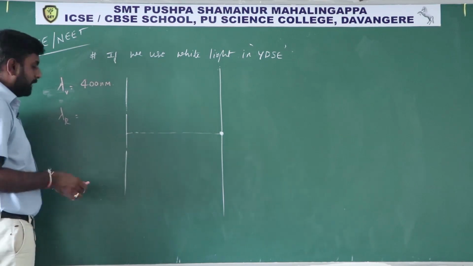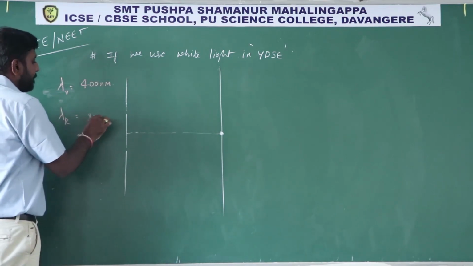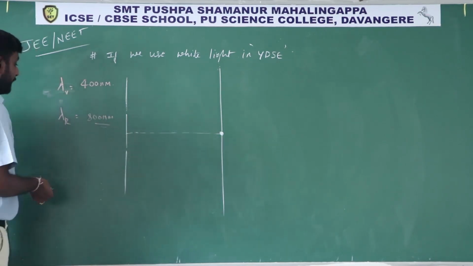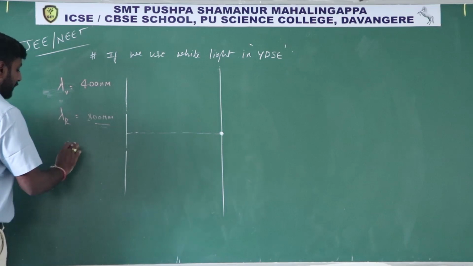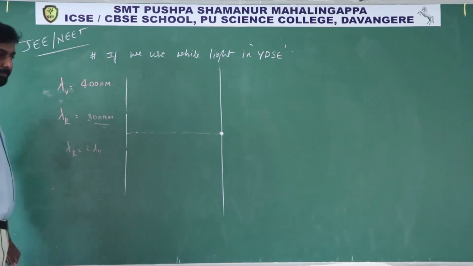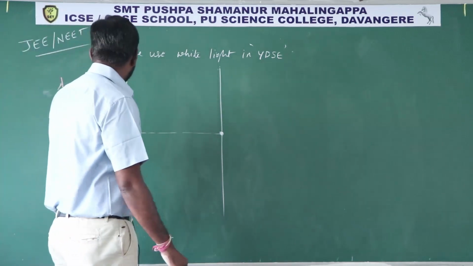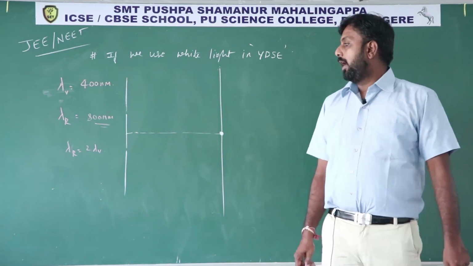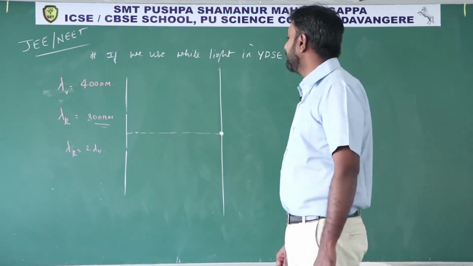Let us consider, for example, 800 nanometer. Then we can say that the wavelength of red is equal to 2 times the wavelength of violet, or the wavelength of violet is half of the wavelength of red.